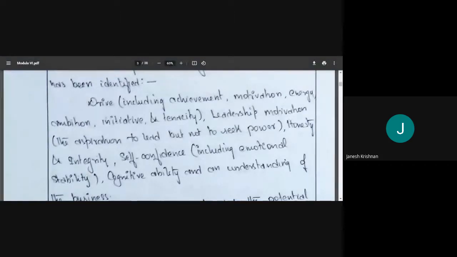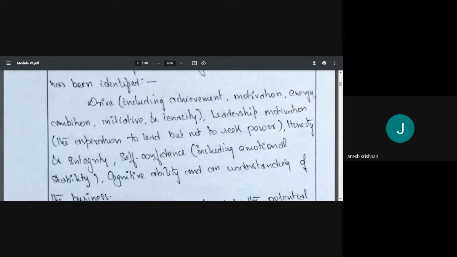Then self-confidence and emotional stability. If a problem comes up, he might break down. He might be seen as physically and mentally capable, but in the face of an issue, he might break down. He might not know what to do. He'll be completely switched off. So his self-confidence is assessed, and his emotional stability is also assessed.